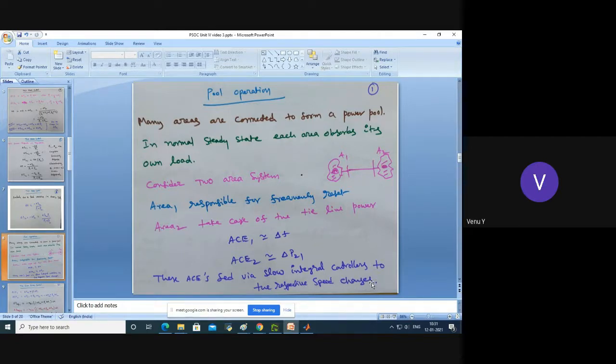Second control loop, that is the slow acting loop. This is pool operation and control strategy without bias control, without tie line bias control.